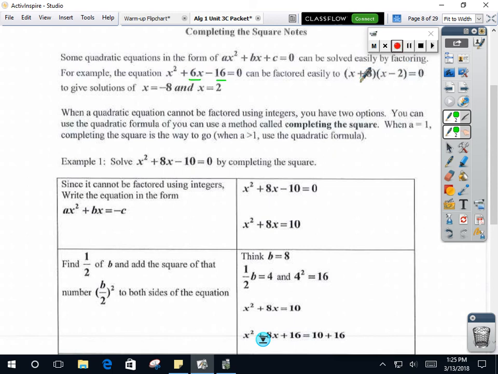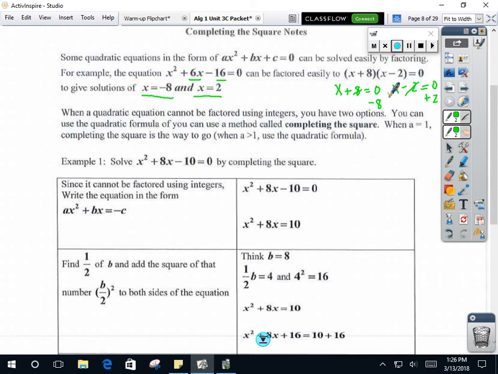But remember, once you factored it to solve it, don't you set each of these factors to 0? And to solve this one for x, wouldn't you subtract the 8 and end up with x equals negative 8? And then to solve this one for x, wouldn't you add this 2 to the other side and end up with x equals positive 2?